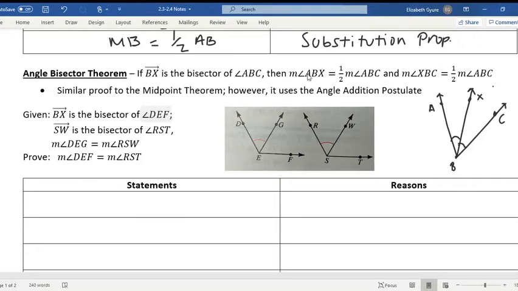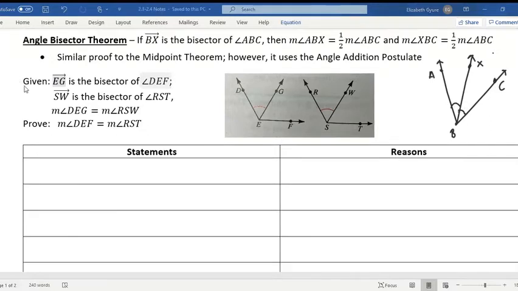So what this theorem is saying is that the measure of angle ABX will be half of the whole, and the measure of angle XBC will also be half of the whole. So very similar to the midpoint theorem, just with angles. So we're actually not going to do that proof because I'm going to have you guys try it out for homework because it's almost the exact same.